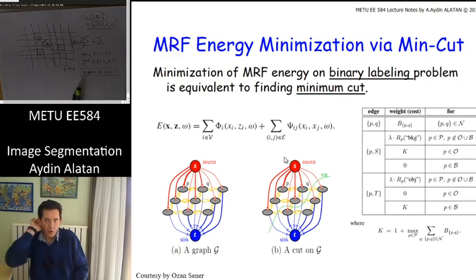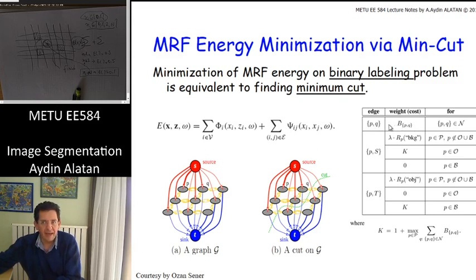Let's be more precise. The edge between P and Q, the yellow one, you write the weight as B here, okay? And this is showing us how different they are, okay?